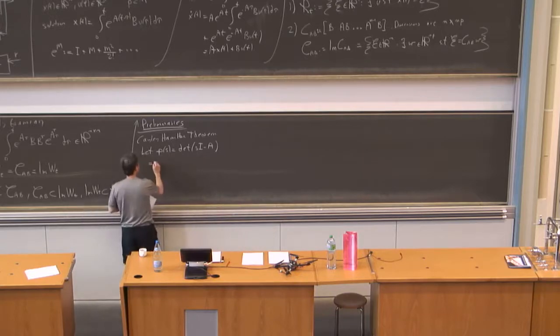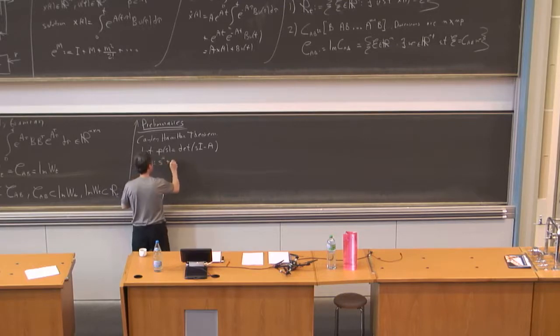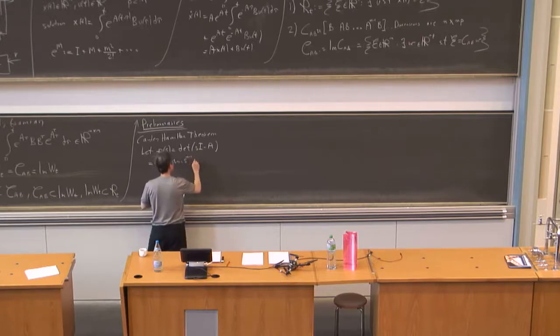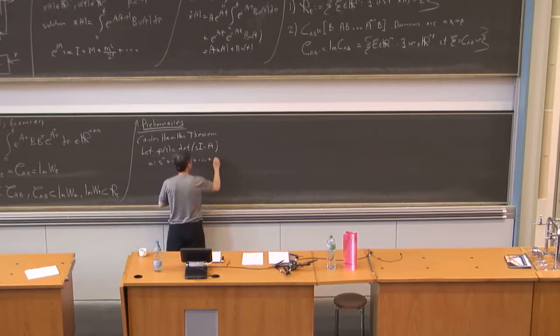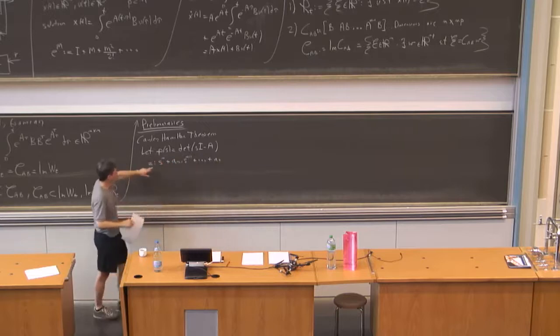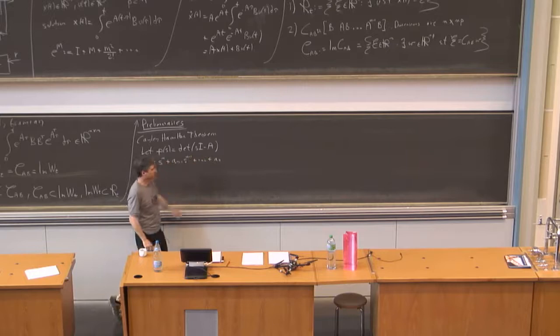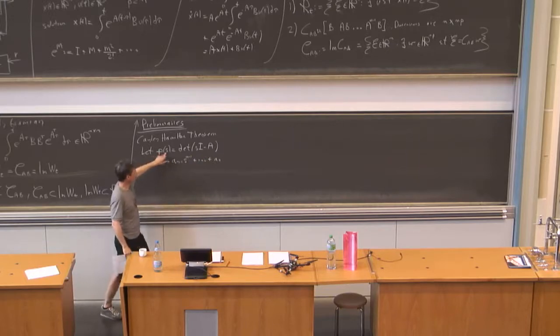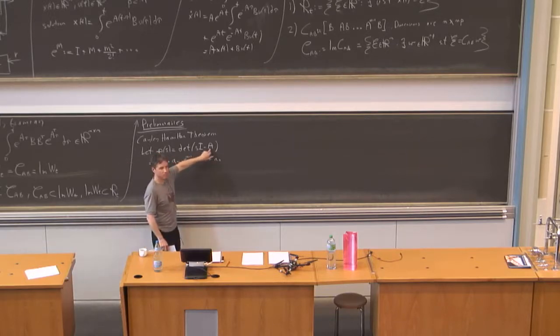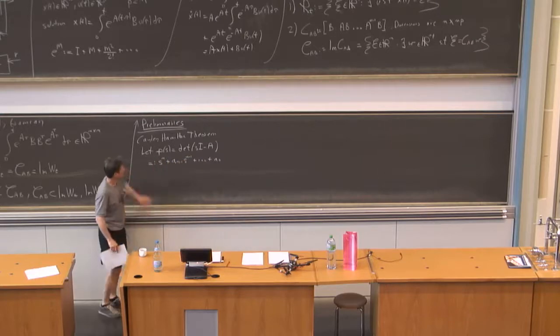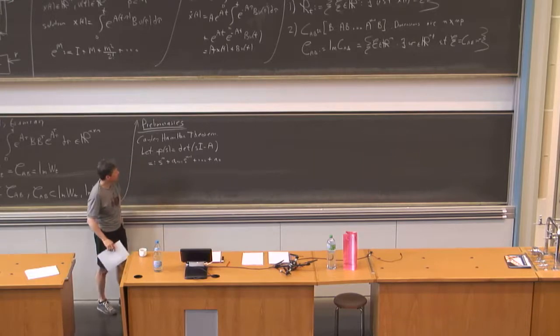And I define this simply to be S to the n plus a_{n-1} S to the n minus 1, plus dot, dot, dot, plus a_0. This is also called the characteristic polynomial of this matrix A. The roots of rho of S are nothing but the eigenvalues of A. Okay, so right now I'm just defining this polynomial to be this characteristic polynomial.